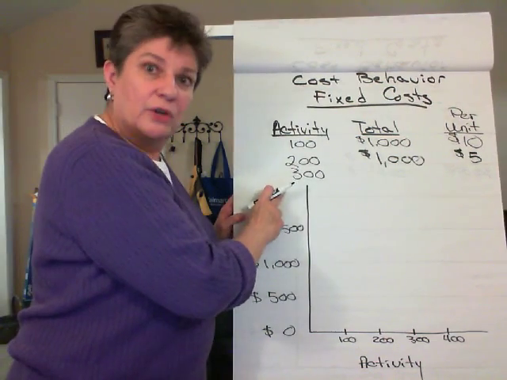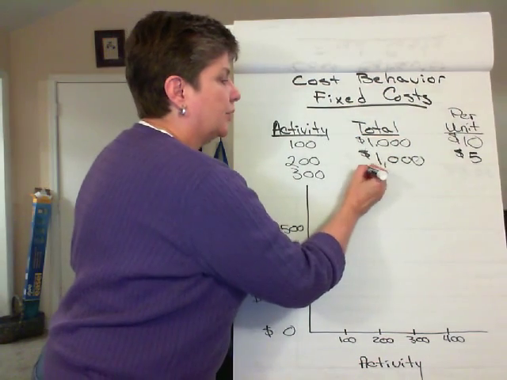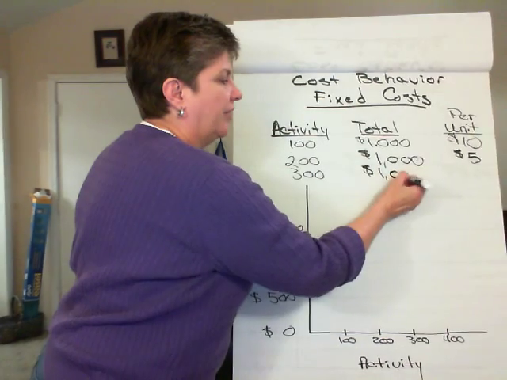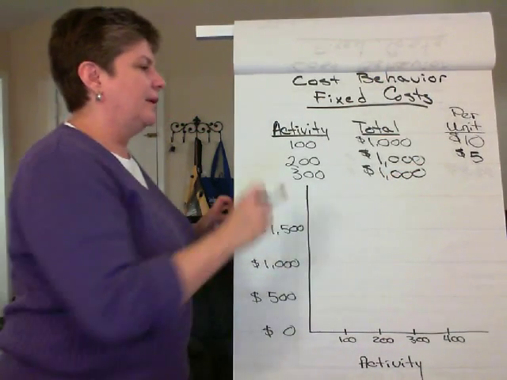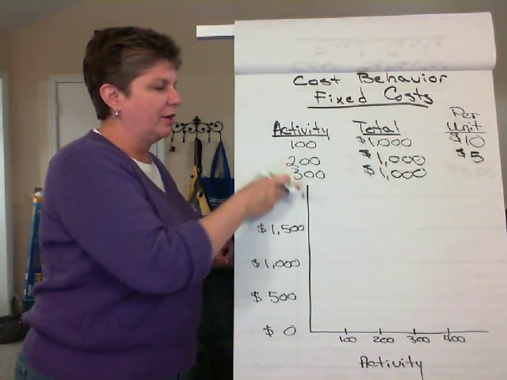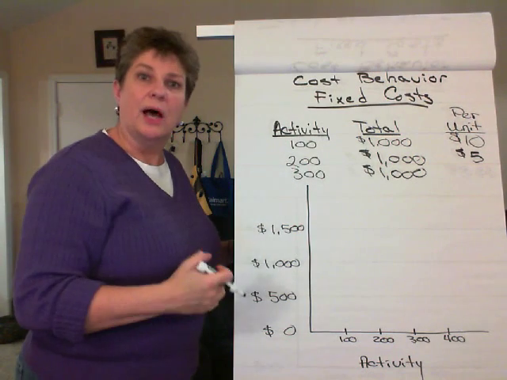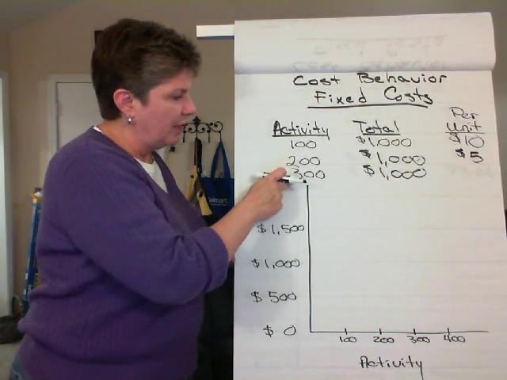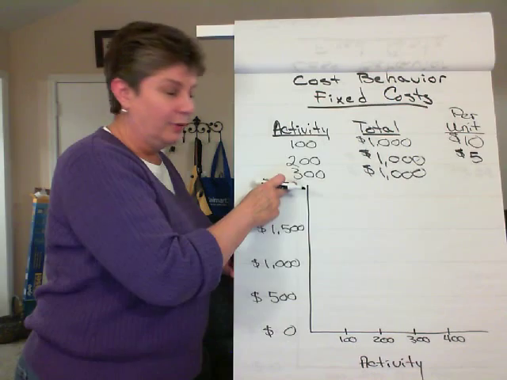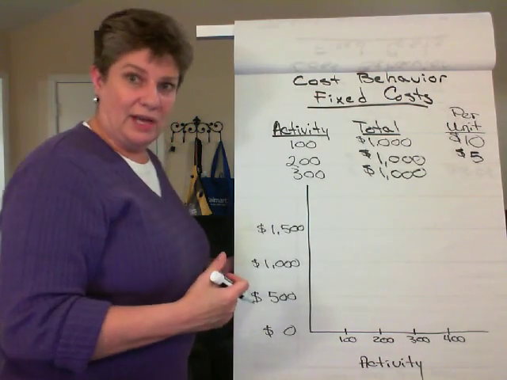Now, 300 was within the relevant range, so our total cost is still going to be 1,000, but this time it's not going to be cut in half, because from 200 to 300 is not doubled, rather. It's 1.5 times.